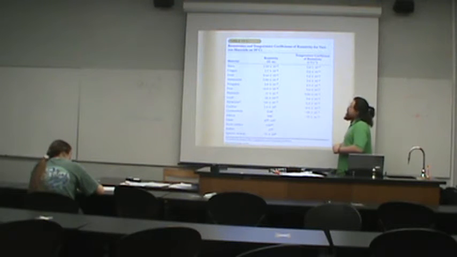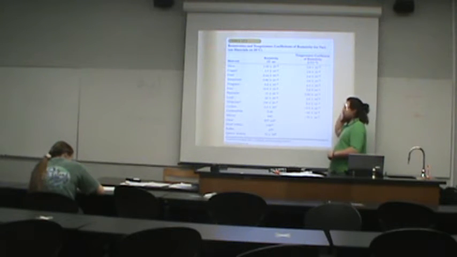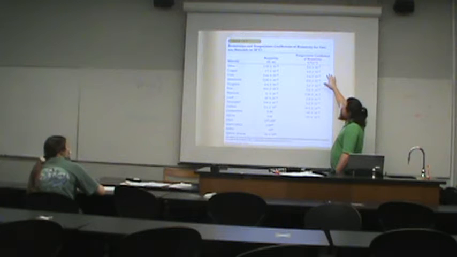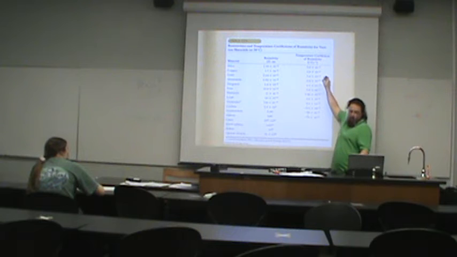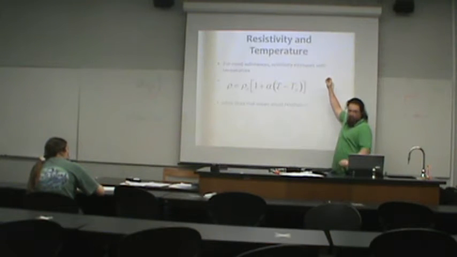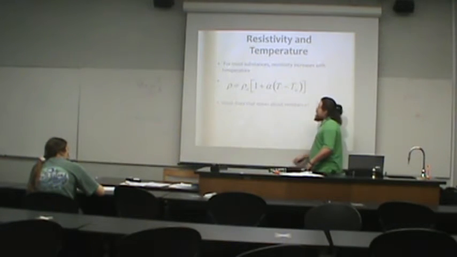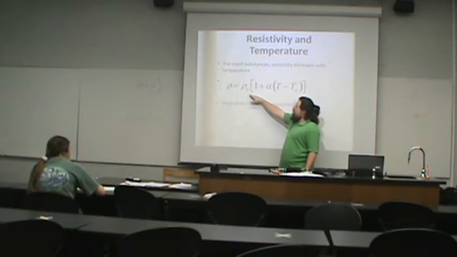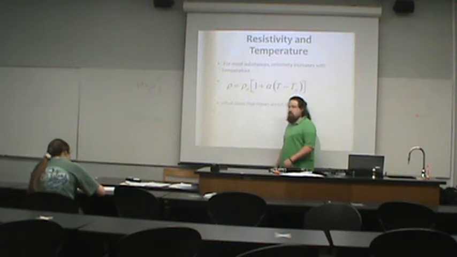If we change from 20 degrees Celsius at all, then we have to adjust that value by a certain amount. And that amount changes based on the temperature change and also based on the specific material. So every material up here also has an alpha constant. In the formula, that alpha is what we multiply the temperature change by to offset rho prime to whatever rho should be at this current temperature.